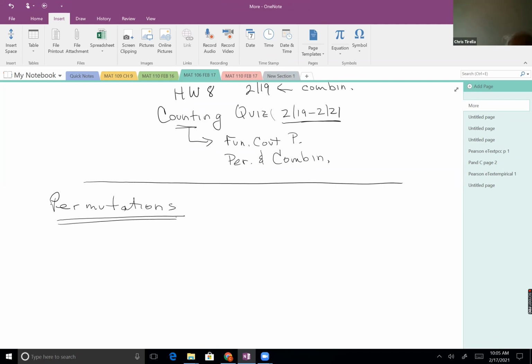So permutations are arrangements. We said that the objects have to be distinct, each different. You can't repeat, and order matters.